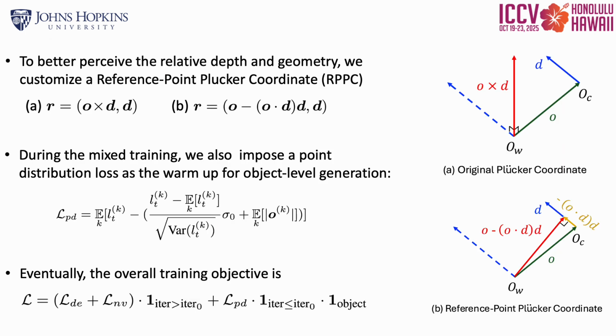Then, to better perceive the relative depth and geometry, we customize a reference point Plücker coordinate, namely RPPC, as compared in the right figures. A is the original Plücker coordinate. Here is its formulation.